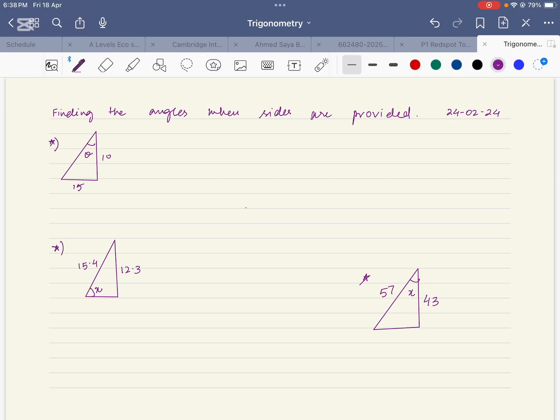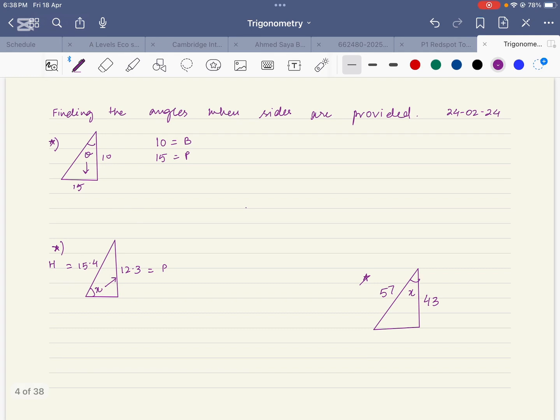This is theta. For theta, 10 is the base and 15 is the perpendicular, because 15 is in front of it. Hypotenuse is not given. In this one, 12.3 is perpendicular because directly in front of it, and 15.4 is the hypotenuse.